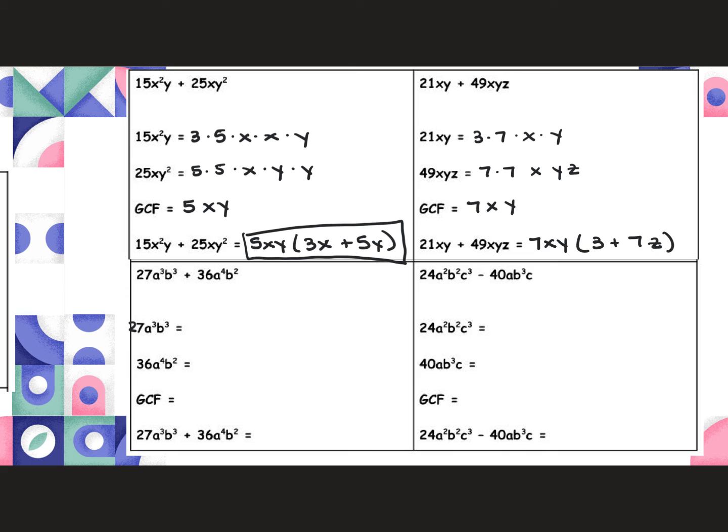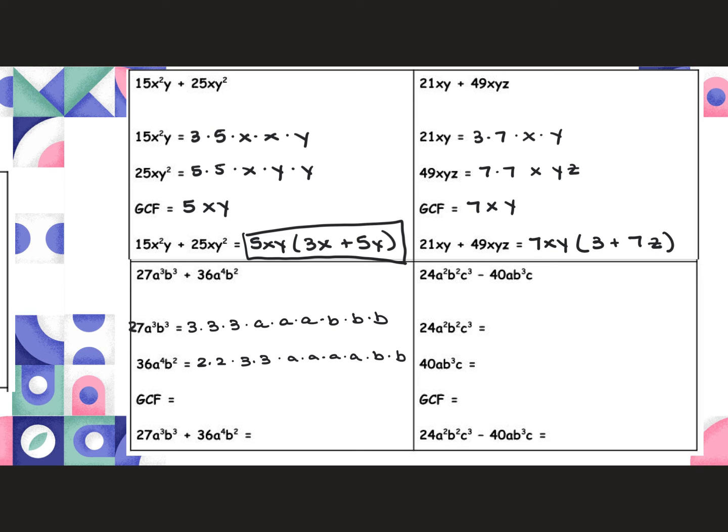All right. So for 27, we have 3 times 3 times 3, a times a times a, b times b times b. For 36, we have 2 times 2 times 3 times 3 times a to the 4th times b twice.